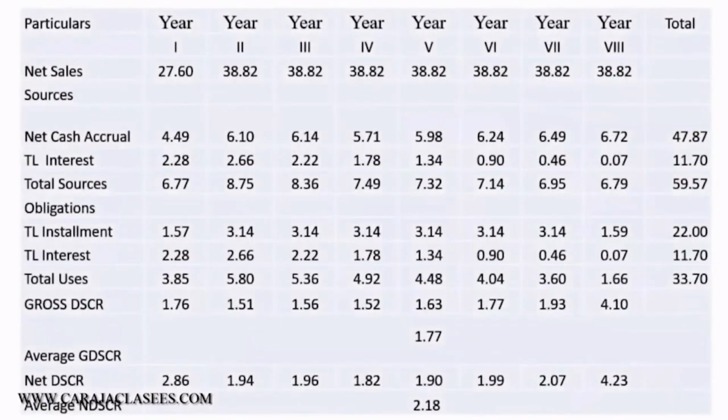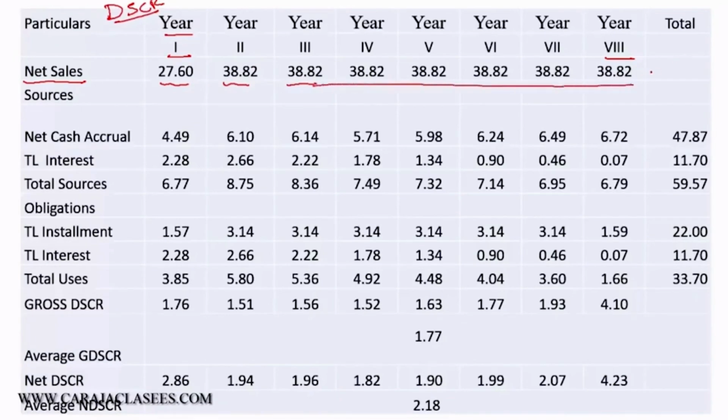Look at here, you are given the DSCR computation. It is DSCR computation for how many years? Year 1 to 8. And for information purpose only, not for calculation purpose, net sales are given as 27.6 crore and expected to increase to 38.2 crore, sorry 38.82 crore, and after that it is frozen.